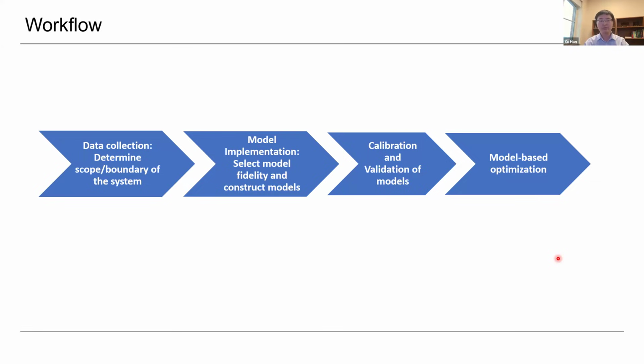After implementation, we calibrate the model with the collected operational data, and then we validate the model. After that, we use the model to perform model-based studies, for example, to evaluate different energy efficiency measures. This is the workflow.